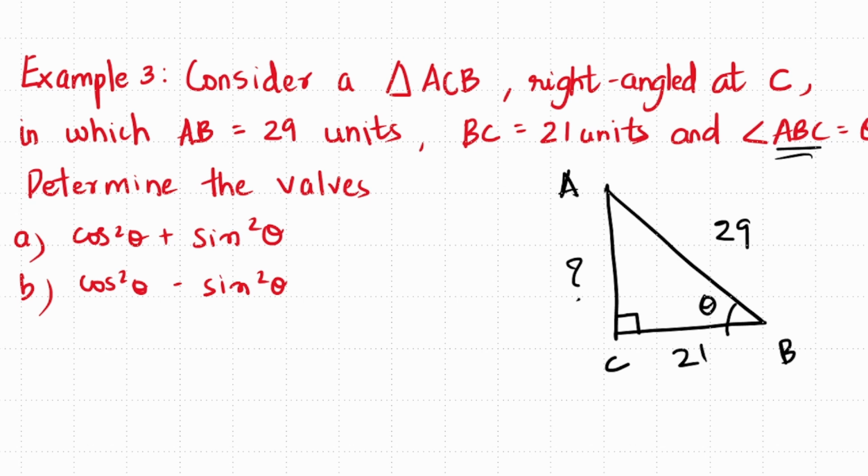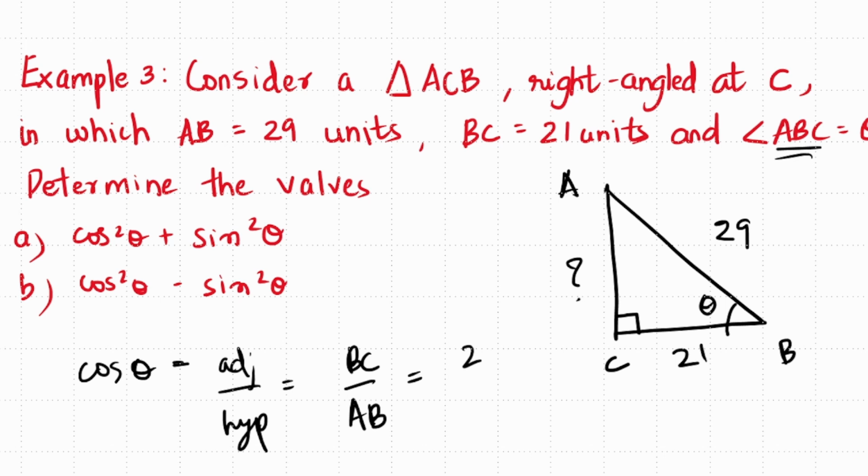So for that, first we'll find the value of cos theta. Cos theta is nothing but adjacent by hypotenuse. What is the adjacent side? The adjacent side is BC, which is divided by AB, just 21 by 29. You need to find the opposite side, which is AC.